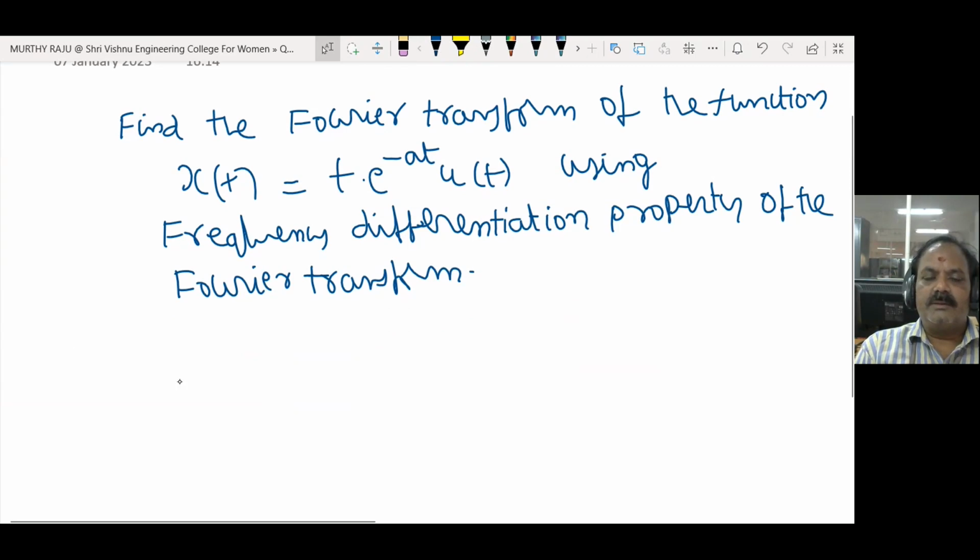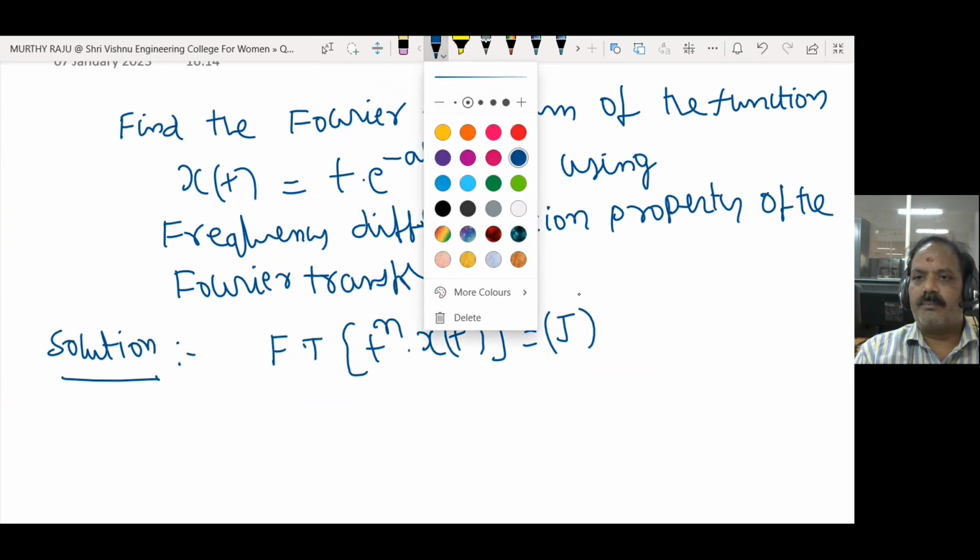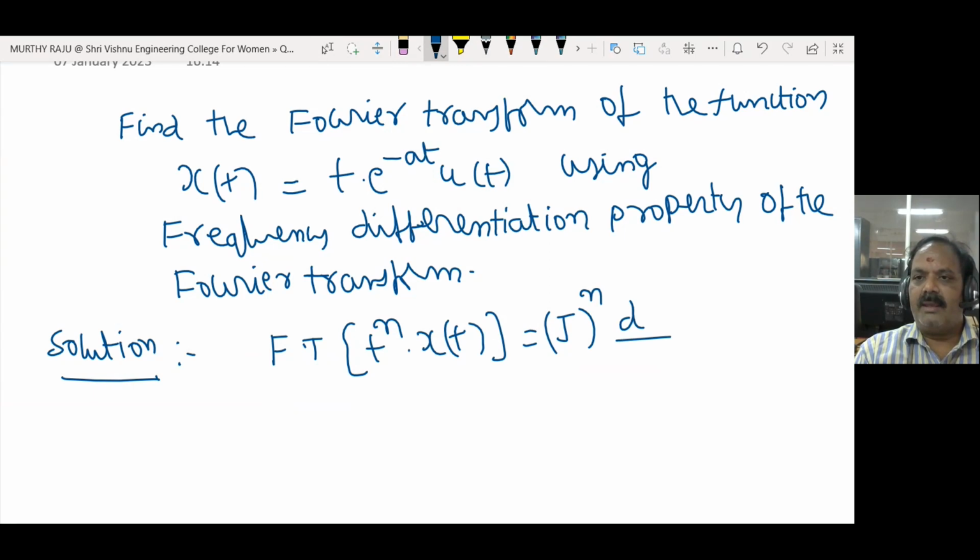We know that, solution: the Fourier transform of t power n x of t is equal to j power n d power n x of omega by d omega power n.